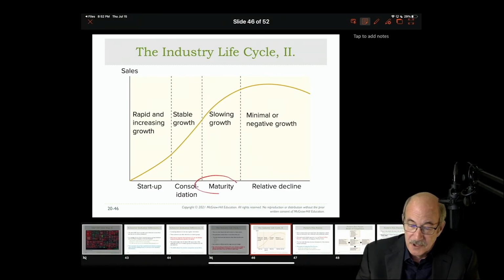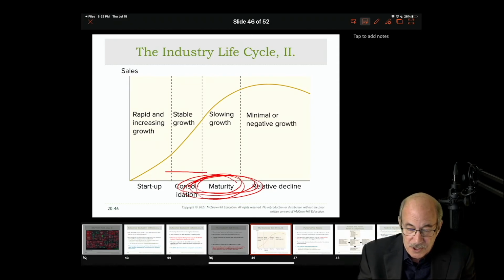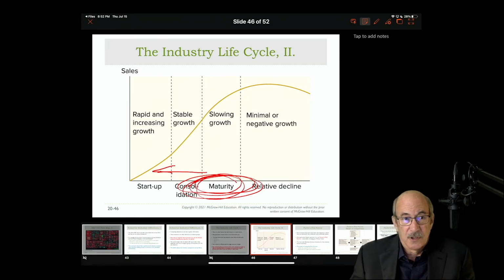Paint, I'm guessing we're somewhere in this vicinity. But that's not to say that a particular company might not have some really good innovations that kind of shift them back more towards this rapid increase and increasing growth stage, if not at least stable growth stage.